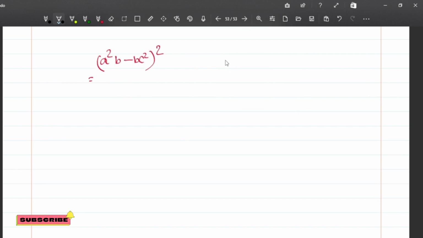Now let's take this example. This is the same (a minus b) whole square formula we'll use. So expand with the formula a square plus b square minus 2ab.